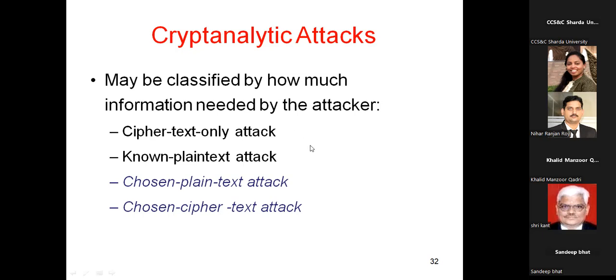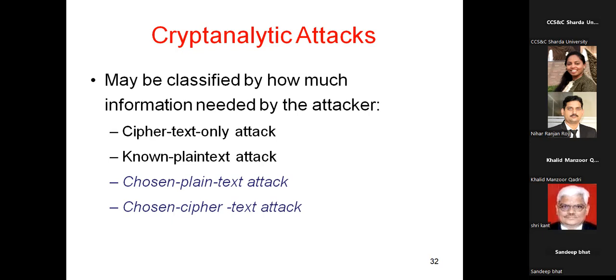There is something known as known plain text attack. What is this? It means you have some pairs of known plain text and corresponding ciphertext. Could you study these and make sure that for any new ciphertext you will be able to break it or find the new key?